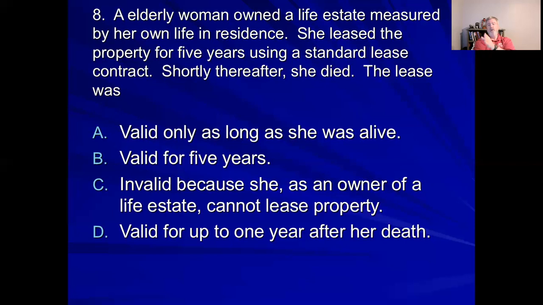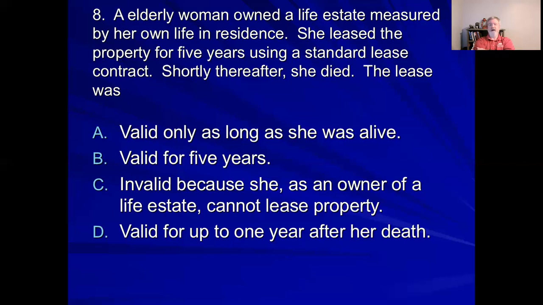The only key is whoever leases it, I don't care that they agreed to a term, in this case 5 years, they both need to understand that lease is only valid as long as the owner of the life estate is still alive. Because the moment that person dies, that lease would be expired.